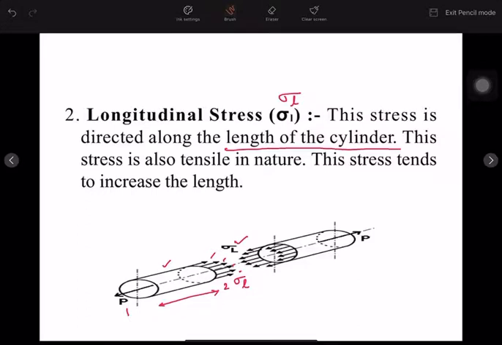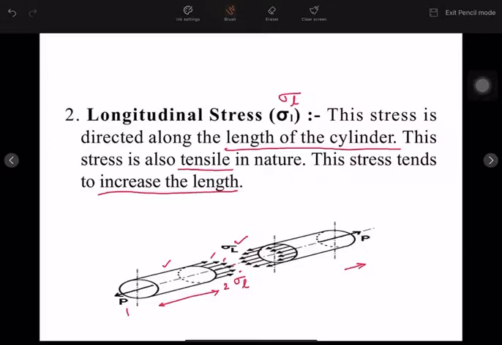So even this stress has a tensile nature as compared to hoop stress. Because of this tensile nature, this stress tends to increase the length of the member.